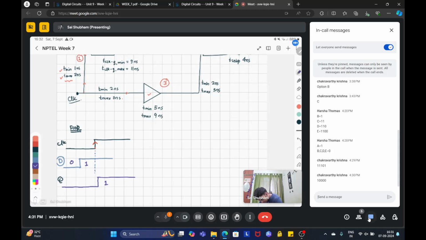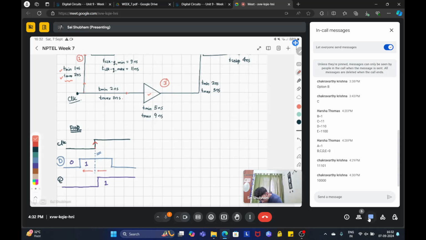What you want is that this D should be present at the clock edge for a certain time before the posedge. And the same data should be available after the posedge as well for a particular amount of time.